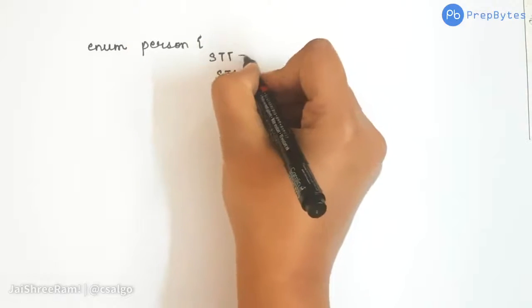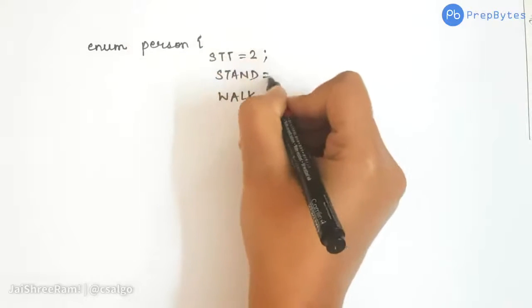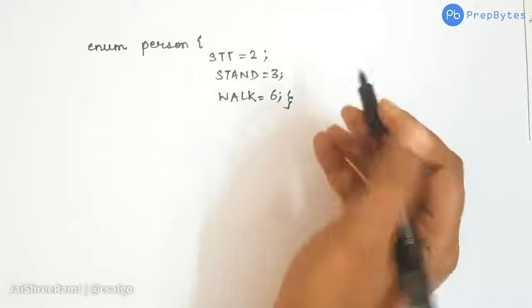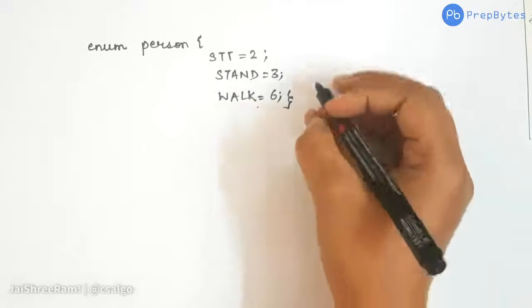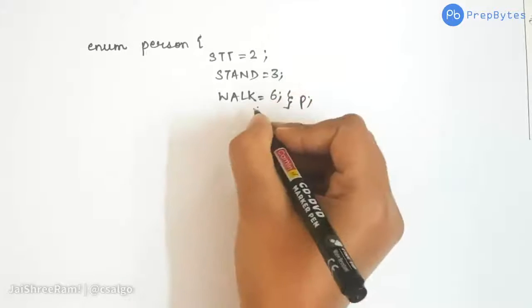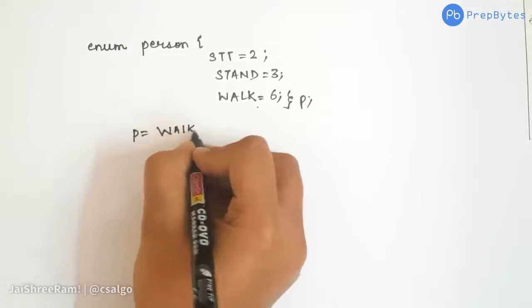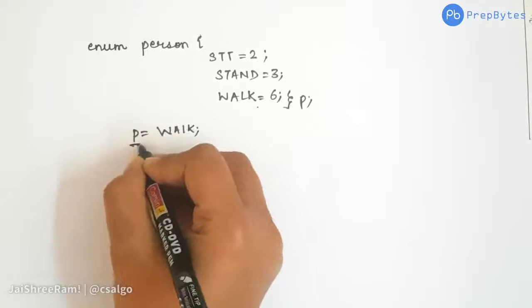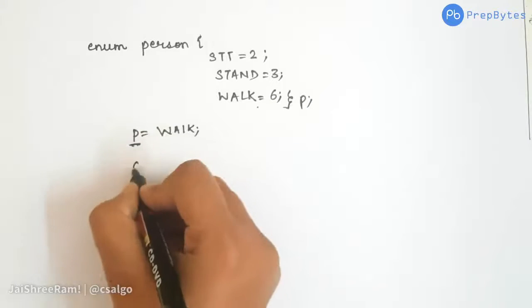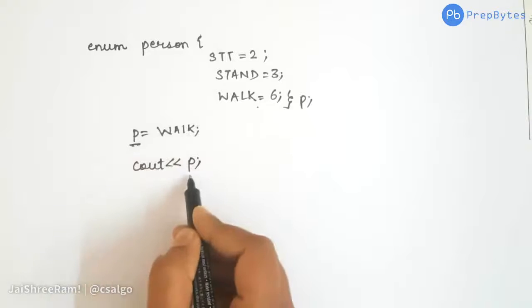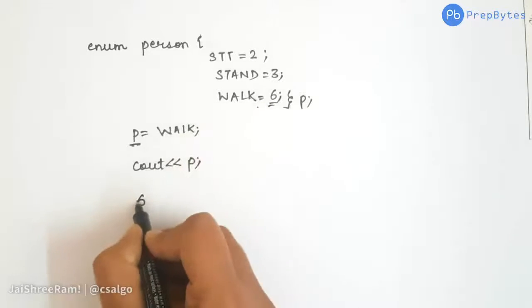So I can do here sit equal to 2, stand equal to 3 and let's say walk equal to 6. Now if we declare a person p and assign p the value walk, and then do cout p, we get the value 6 printed.